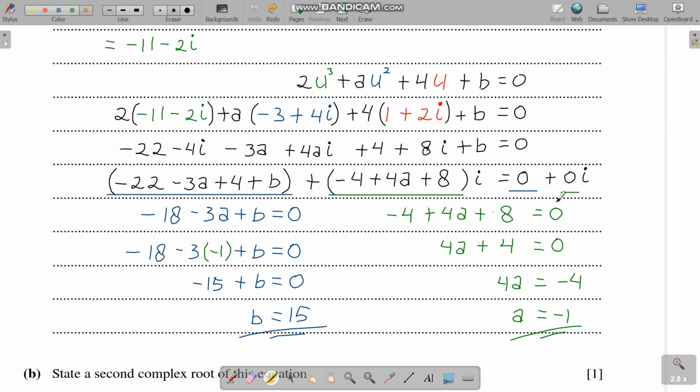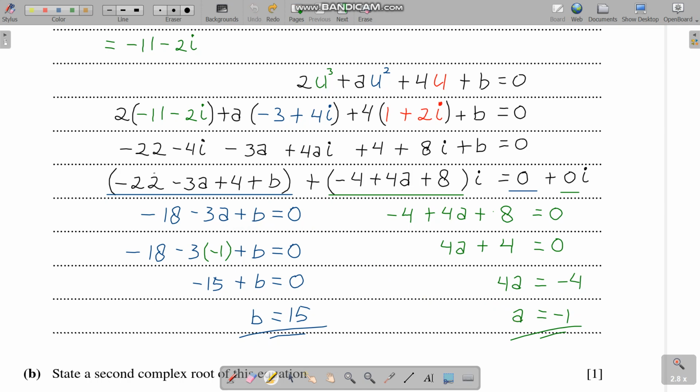So to solve for a and b here, we can just start with this green equation. Minus 4 plus 8, that's 4. Subtract 4 from both sides, and then we divide both sides by 4, and we get the a. After we get the a, just plug this a value into this equation here.